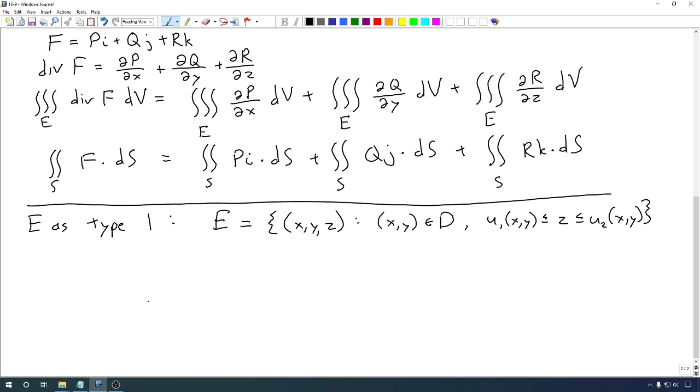For type 2, it'd be kind of the same way, except the x would be between two functions of y and z, and for type 3, y would be between two functions of x and z.